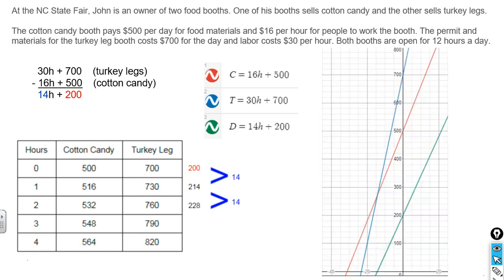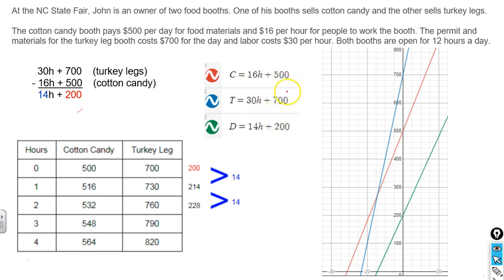And so if we look at this graphically, we can see, again, we have the blue line, which represents the turkey leg booth, and then we have the red line, which represents the cotton candy booth. And now we've included this green line, which is the expression that we got, the difference of these first two original equations.